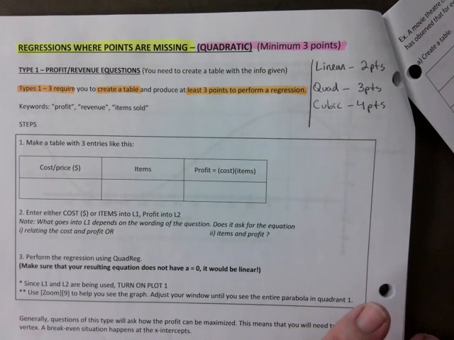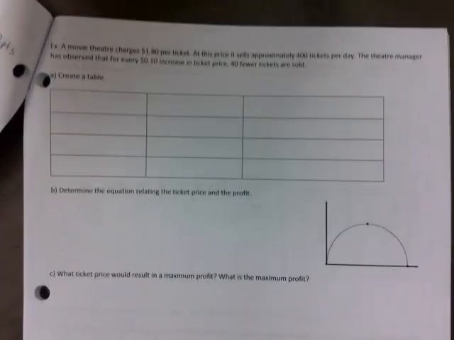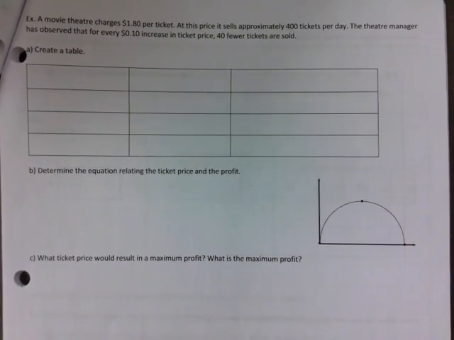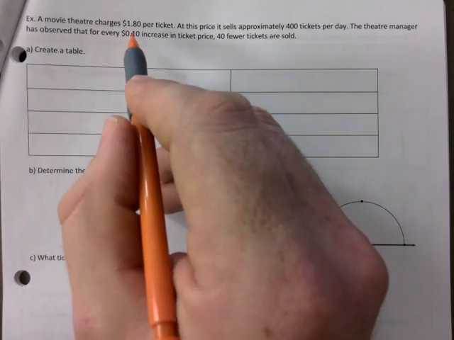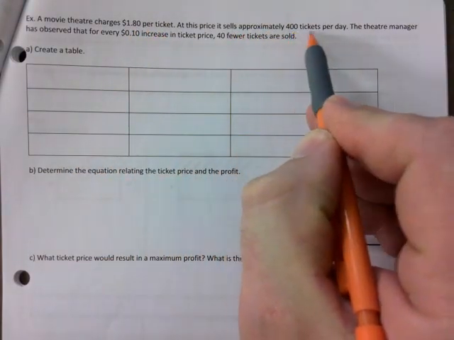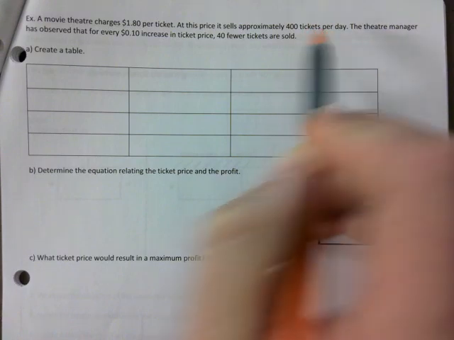So let's go to page 46 here and come up with our regression. Okay, so a movie theater charges $1.80 per ticket. At this price, it sells approximately 400 tickets per day. This is on page 46.